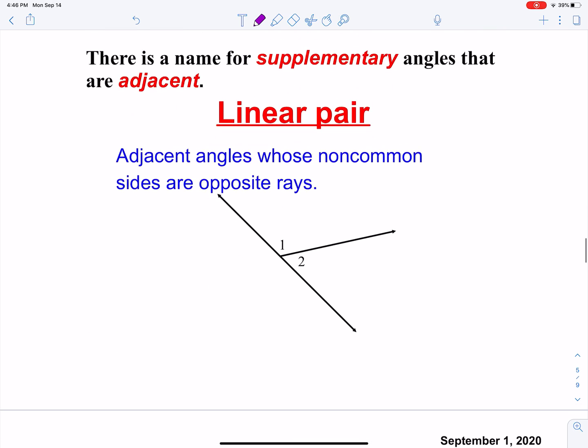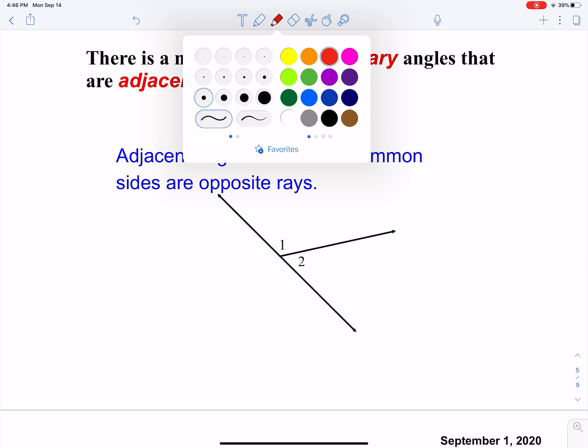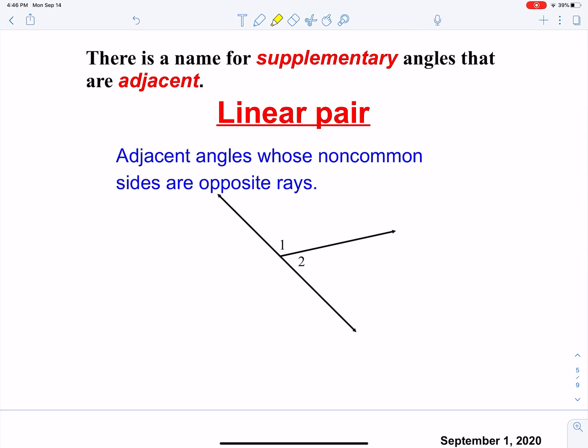Okay, I think this is the last bit of vocab. A name for angles that are both supplementary and adjacent. They are called a linear pair. And the name linear pair is nice because it has the word line in it. And those 2 angles should add up to make a straight line, a straight angle.